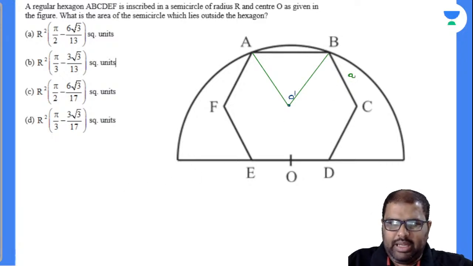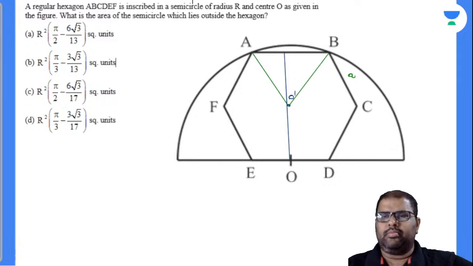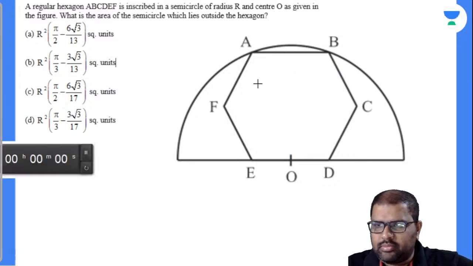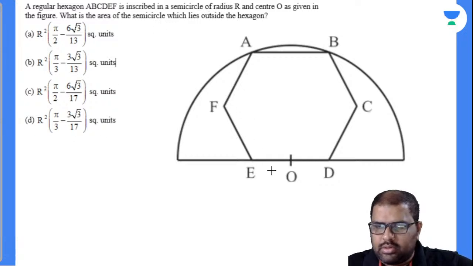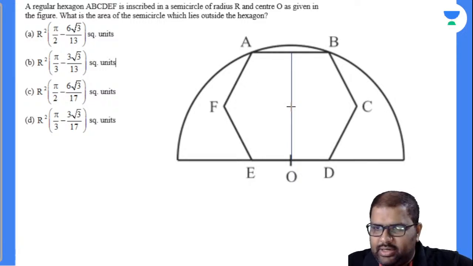Now I will drop a perpendicular. Now see here, from here to here, I will draw a line segment. This I will take as the center of the hexagon.